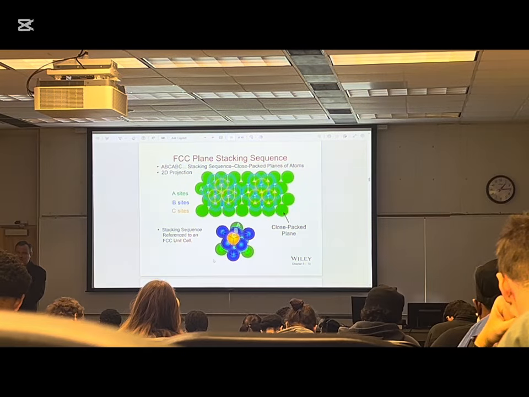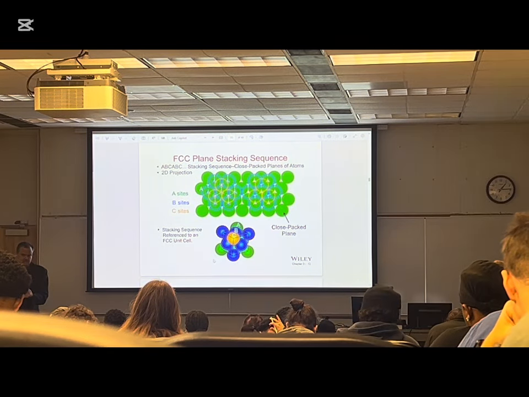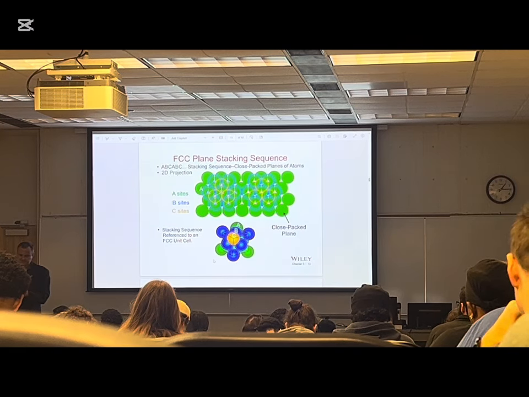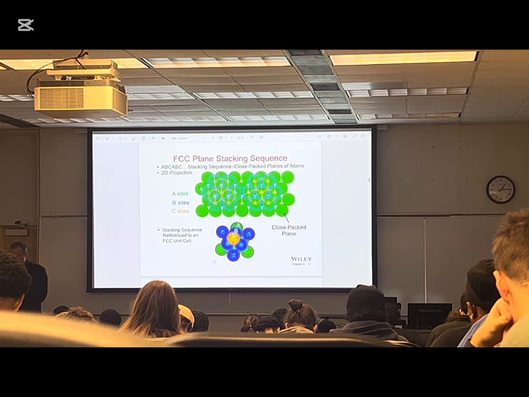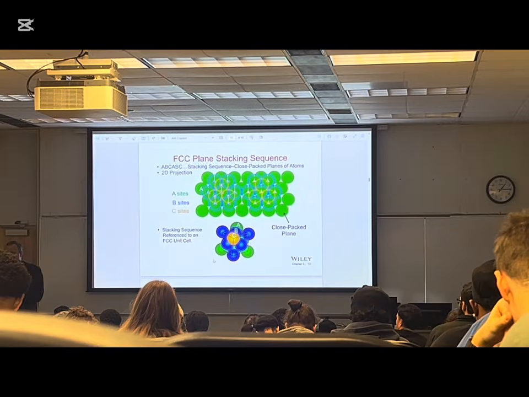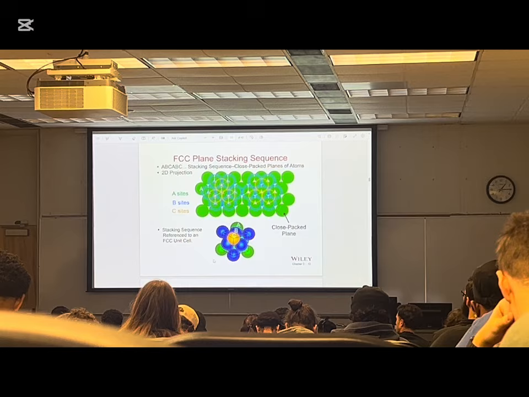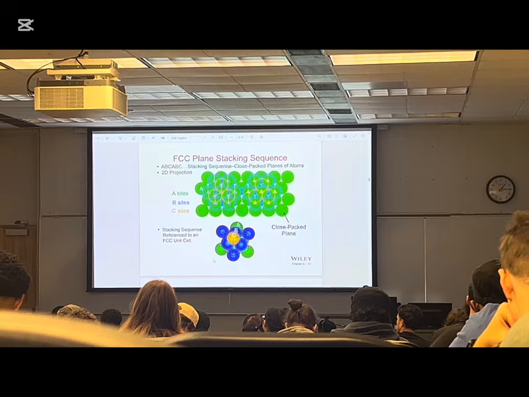So it's A, the same arrangement. So for this, it's A, and this is a B arrangement. And then, the third plane, there are two ways to put it together. One is the same: this is A, this is B, this is A again.